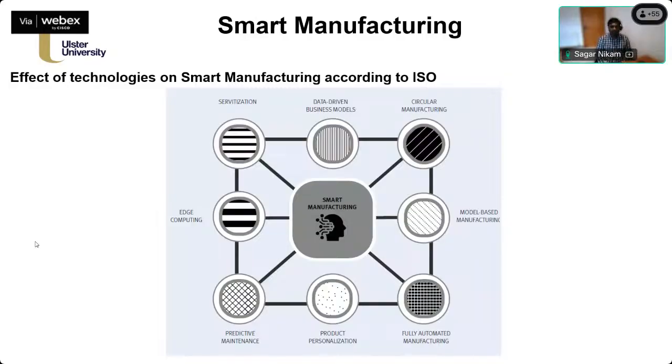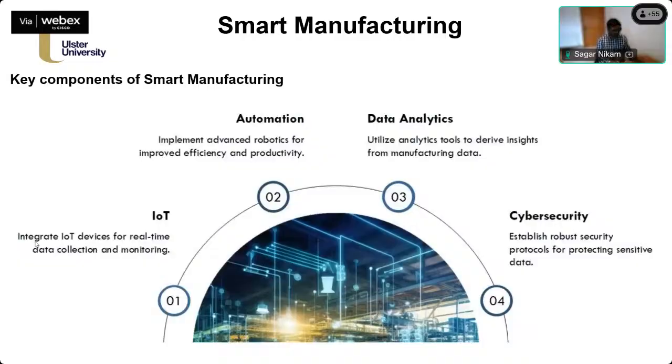So if you look overall at the key components of smart manufacturing, this is how it looks. IoT is important for data collection and real-time monitoring. Automation is also important, because integrating the data and IoT with automation is very important. We need robotics to improve efficiency and productivity. Data analytics is another important tool, where data is captured and information is taken out of the data.